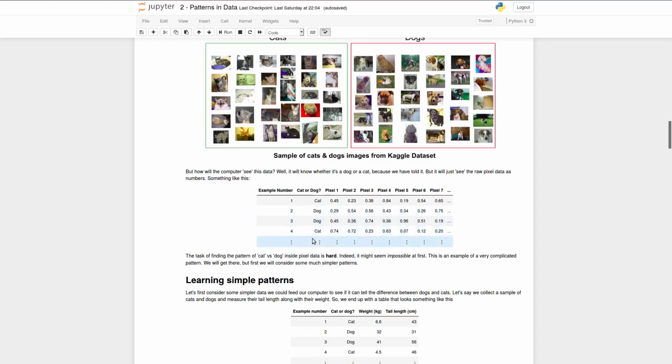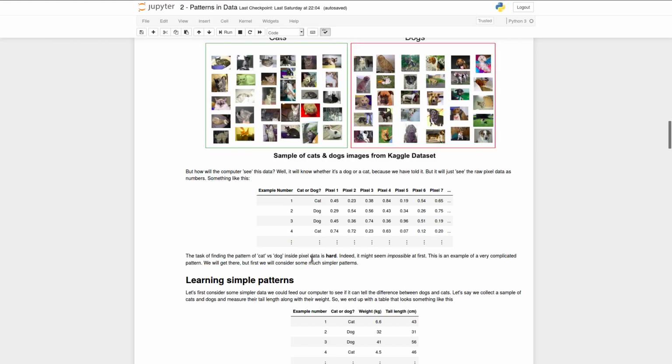And we're going to say, okay, computer, from all of these millions of little numbers, can you start to work out what's a dog and what's a cat? This is a pretty difficult task, and the patterns that are hidden within this pixel information are going to be quite difficult to discern, potentially. But that's the task.